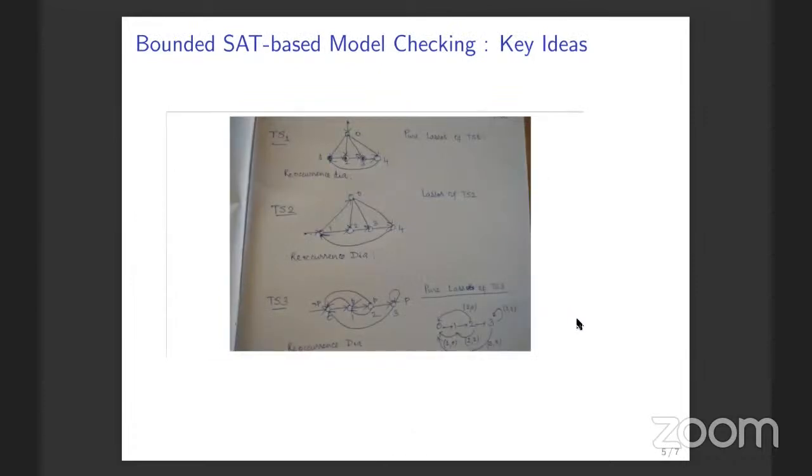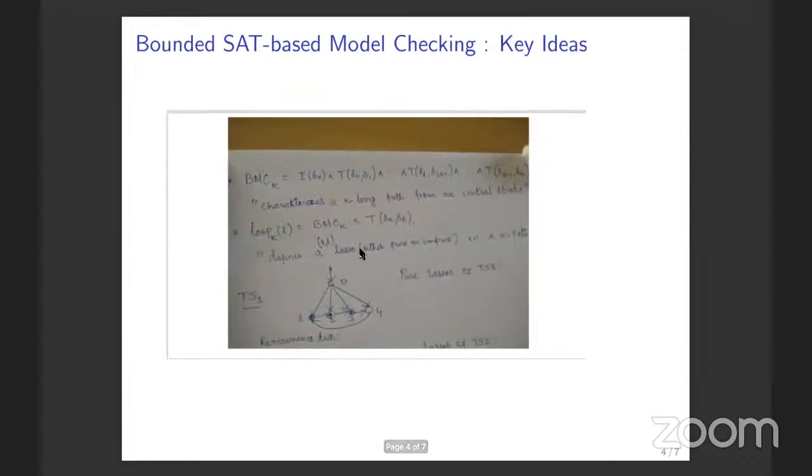Now, forget about the recurrence diameter and so on. Look at this example. There are various lassos here. A lasso doesn't require that the finite prefix part be free of repeated states. All a lasso requires is that there is a loop back, that the kth state you've already seen.